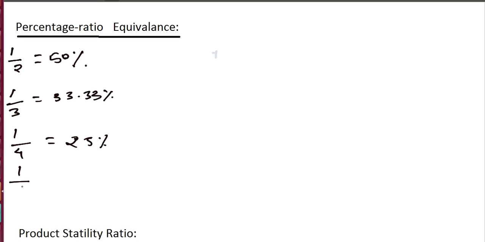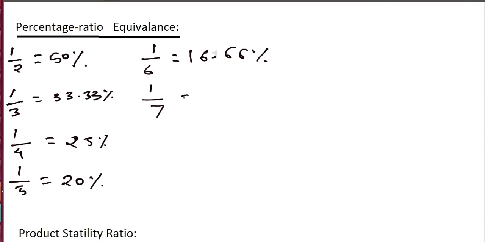One fifth is 20%. One sixth is half of one third, that is 16.66%.